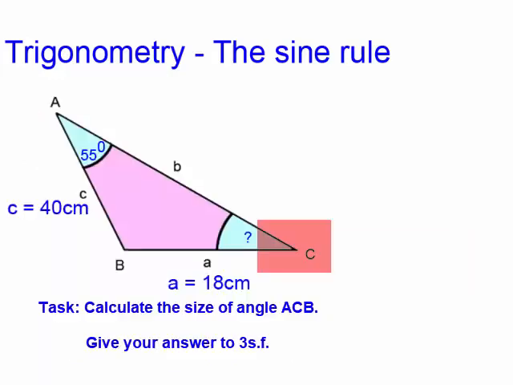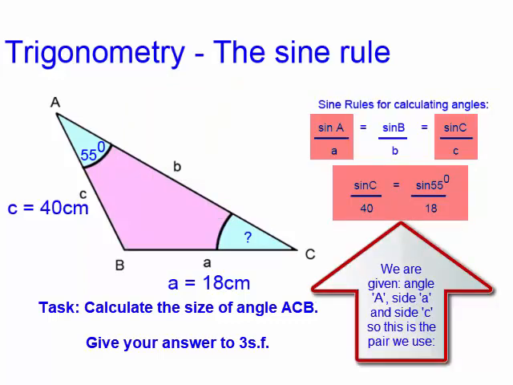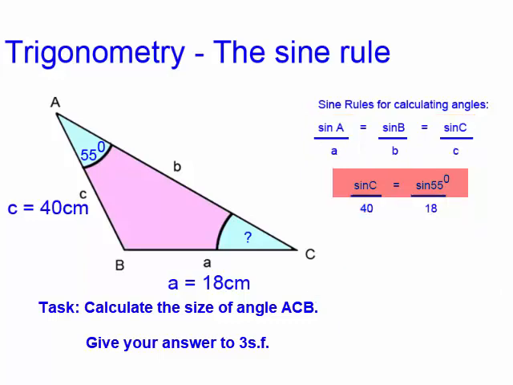Here we have to calculate the size of the angle ACB, and we can use the sine rule to do this. The sine of C over 40 equals the sine of 55 over 18. Remember, these values represent the size of the angles, and these values represent the length of the sides of the triangle.